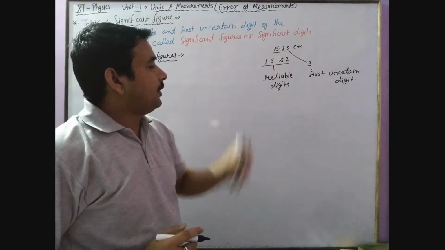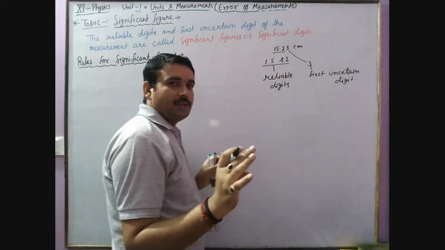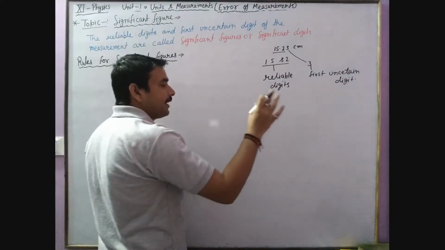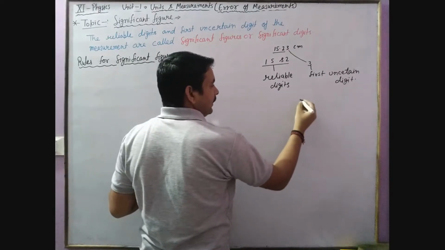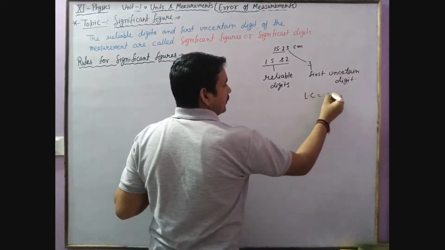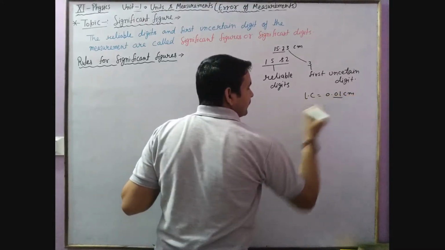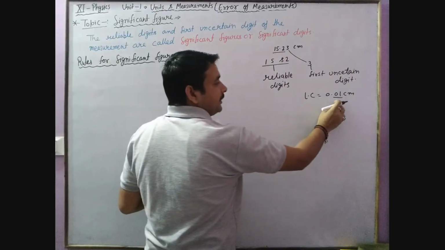similarly, if we measure other things, like suppose you are measuring a diameter by using a vernier caliper, which has least count 0.01 centimeter, which means there are two digits.